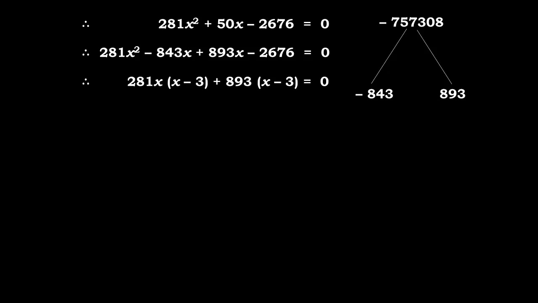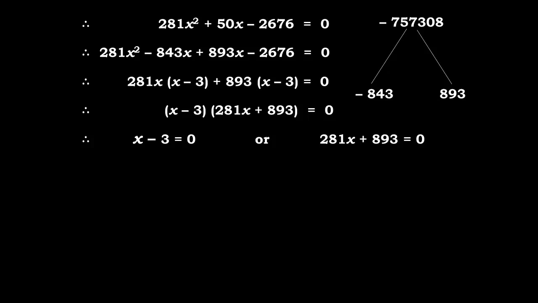In bracket x minus 3 is equal to 0. So x minus 3 common. In the second bracket 281x plus 893 is equal to 0. So x minus 3 is equal to 0, or 281x plus 893 is equal to 0. So x is equal to 3, or 281x is equal to minus 893.